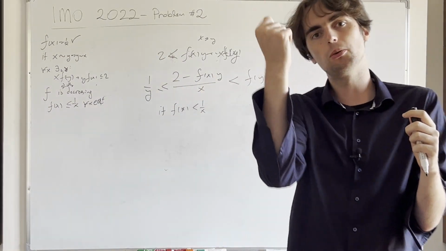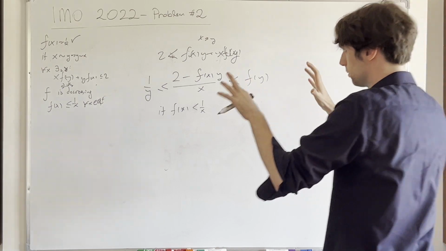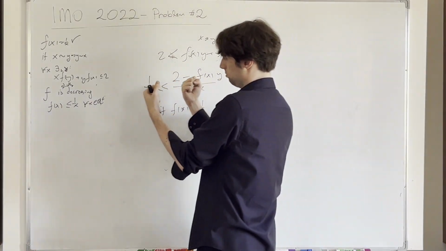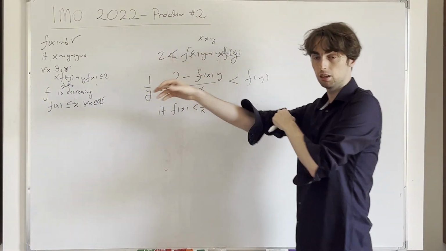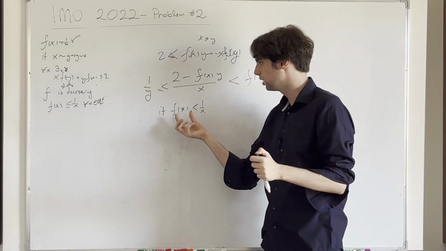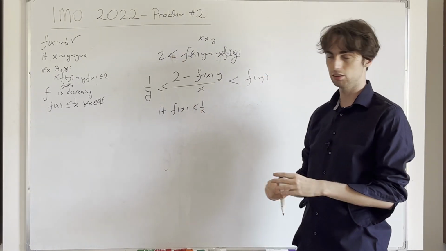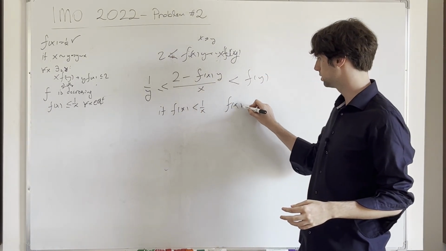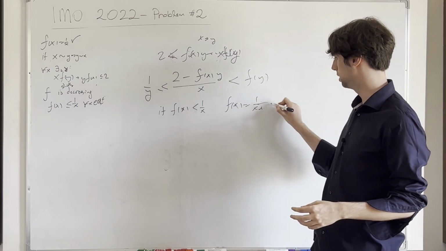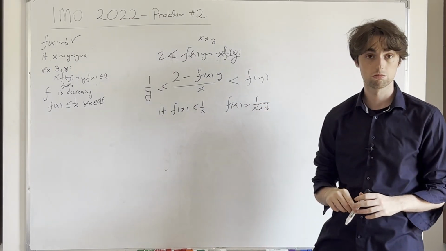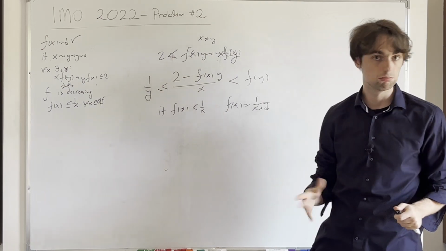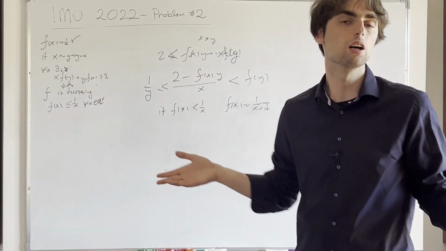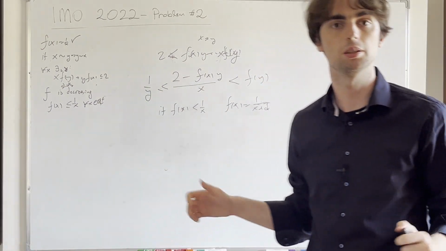I'm trying intuitive stuff. I'll go down a different route also, where we can think about this in a different way. Another way is to say, okay, if f of x is less than this, let's say f of x is equal to 1 over x plus some d. Some d is positive. Let's see what's going to happen to this d.